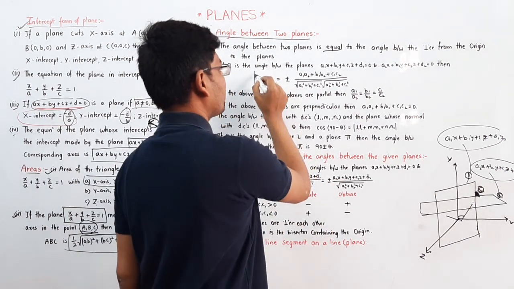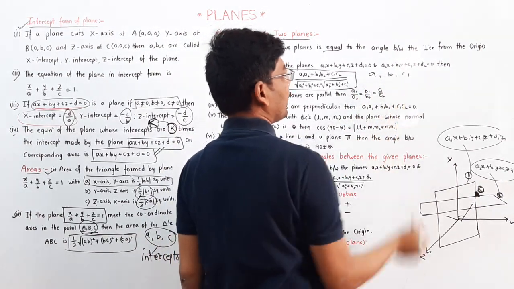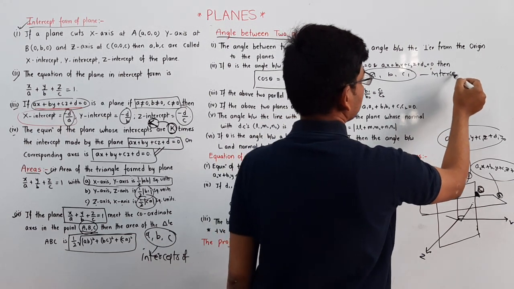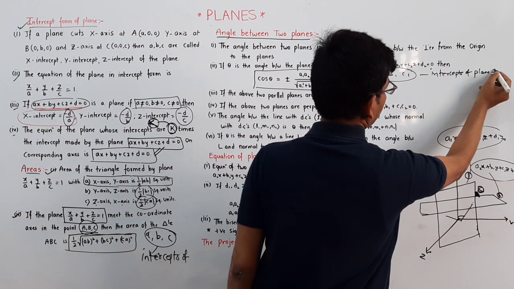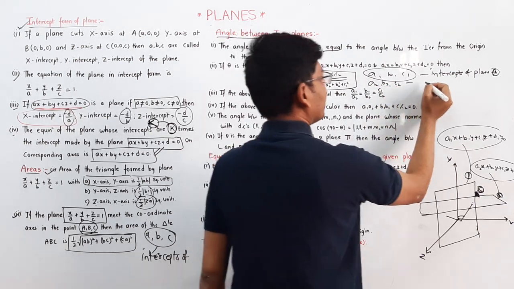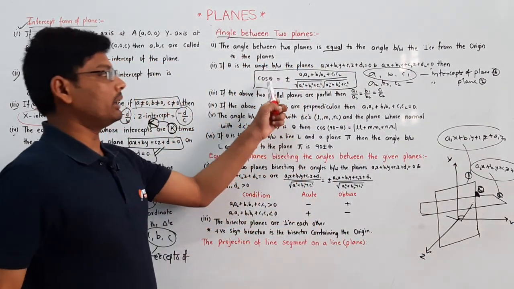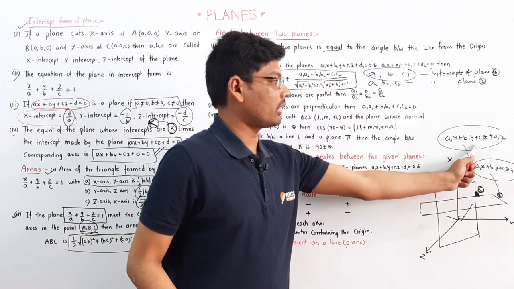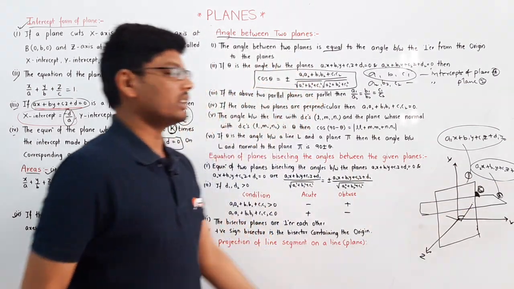This is the formula of cos theta, where a1, b1, c1 are the coefficients of plane 1 and a2, b2, c2 are the coefficients of plane 2. This is the angle between the two planes a1x plus b1y plus c1z plus d1 equals 0 and a2x plus b2y plus c2z plus d2 equals 0.